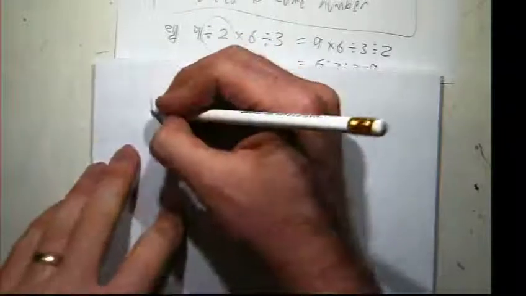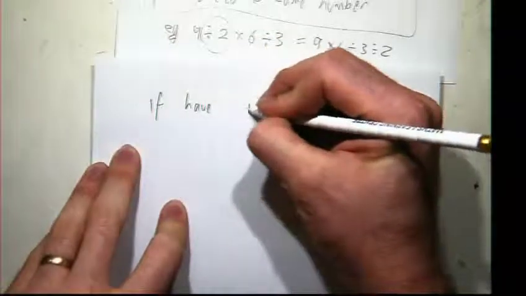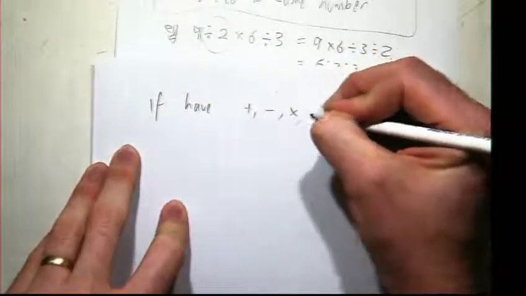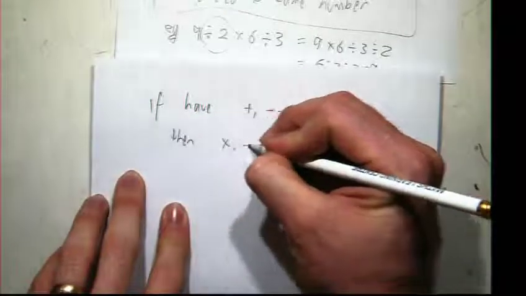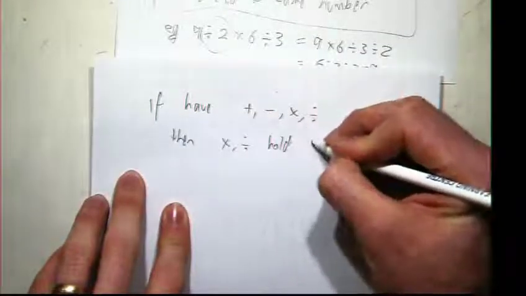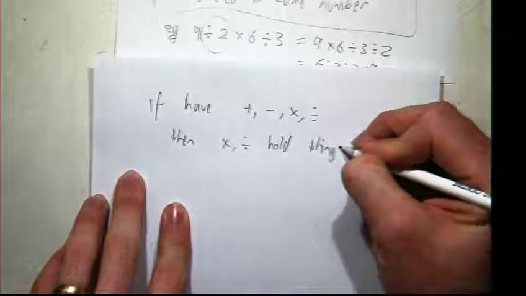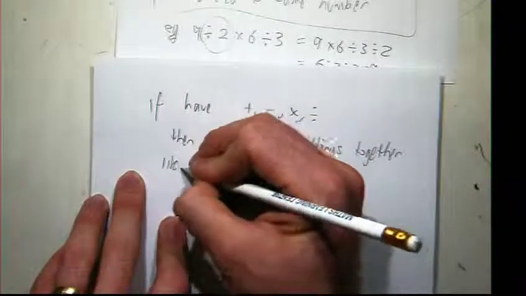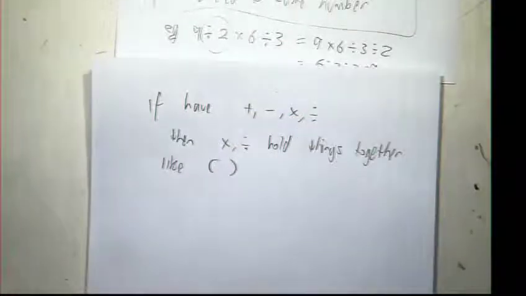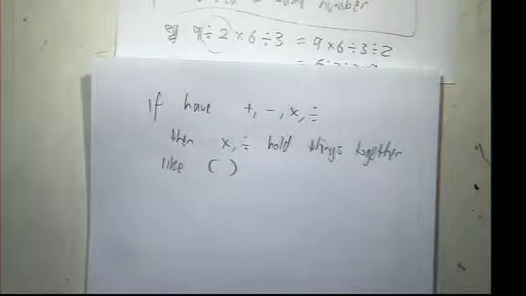So if you've got all of them, then times and divide hold things together like brackets. In fact, you're supposed to do the times and divide first before you do the plus and minus.